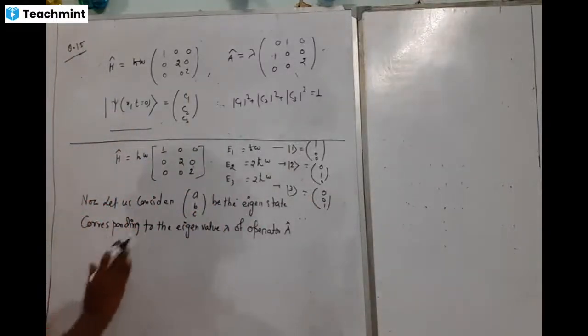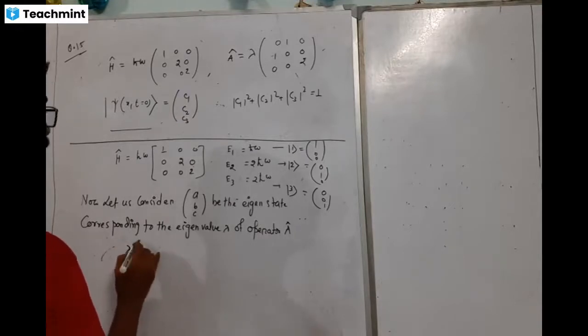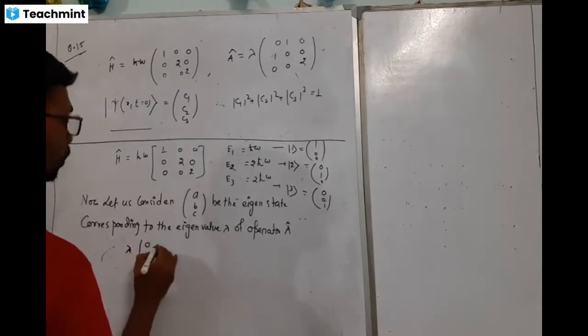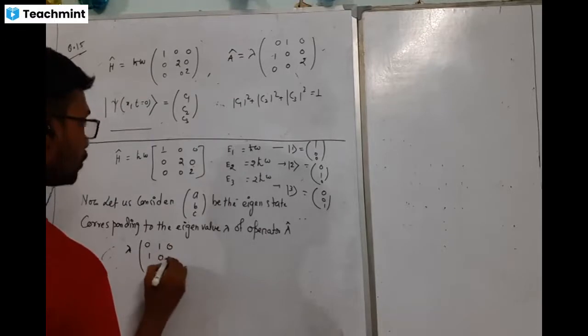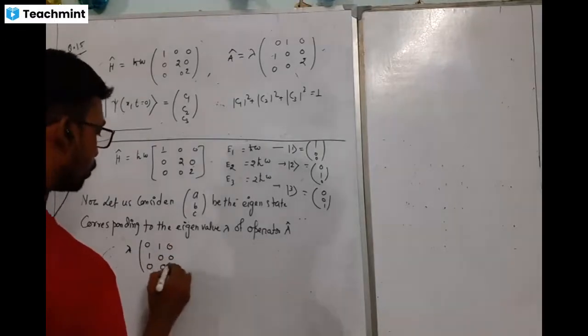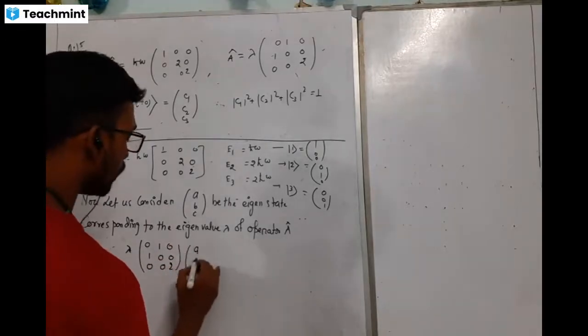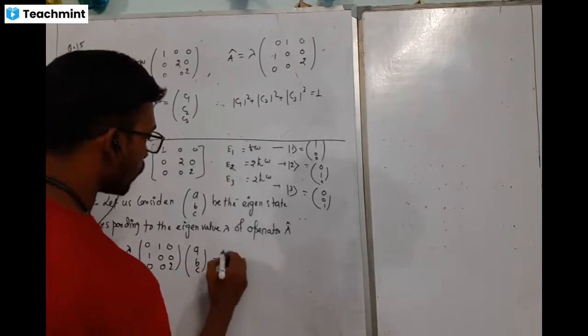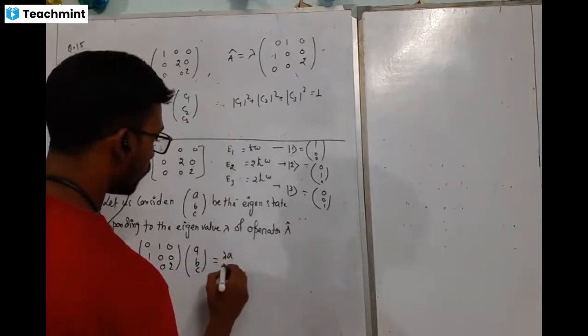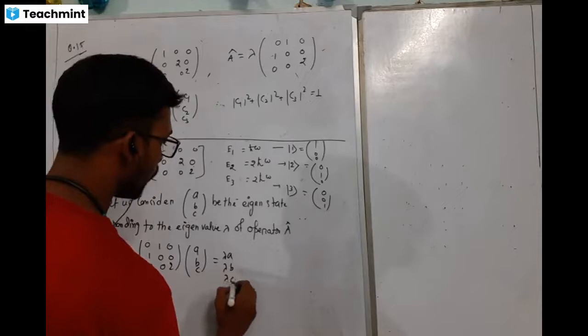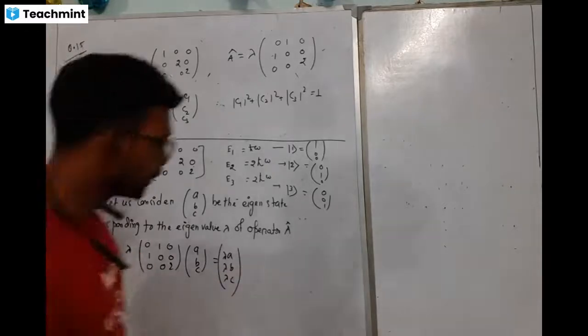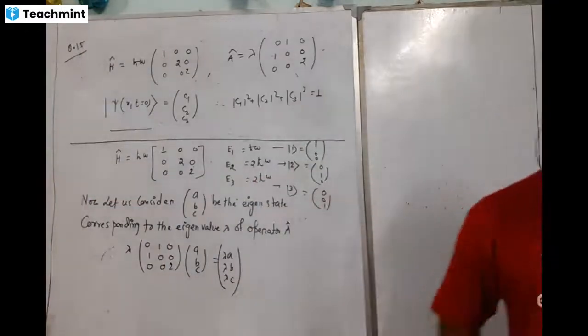So now the corresponding matrix equation is the matrix 0 1 0, 1 0 0, 0 0 2 acting on A, B, C equals lambda A, lambda B, lambda C. This is the corresponding matrix equation. Now multiply these two matrices and compare with these two values.